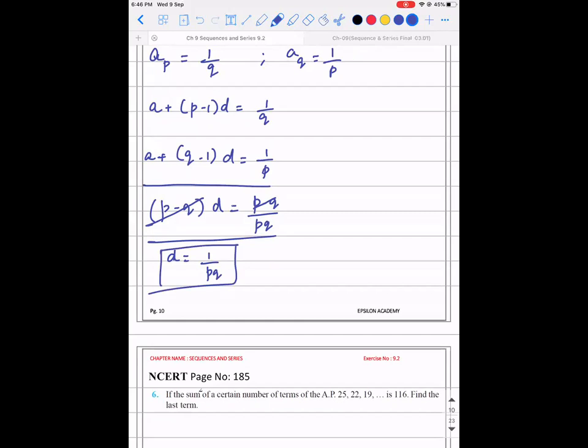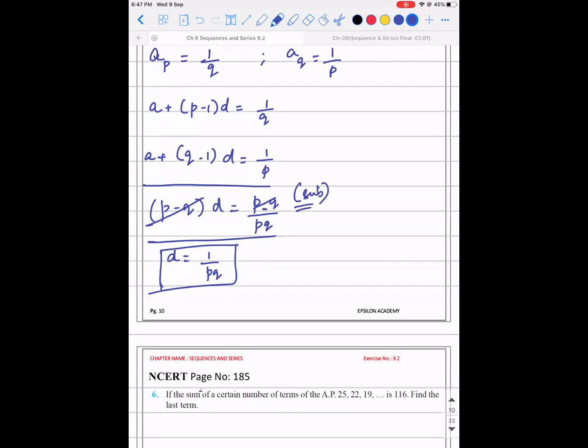Sir, did you equate, sir? I subtracted. When you subtract, a and a get cancelled. (p minus q) into d will come. 1 and 1 get cancelled. On the right-hand side, take LCM. You will get (p minus q) divided by pq. p minus q gets cancelled.